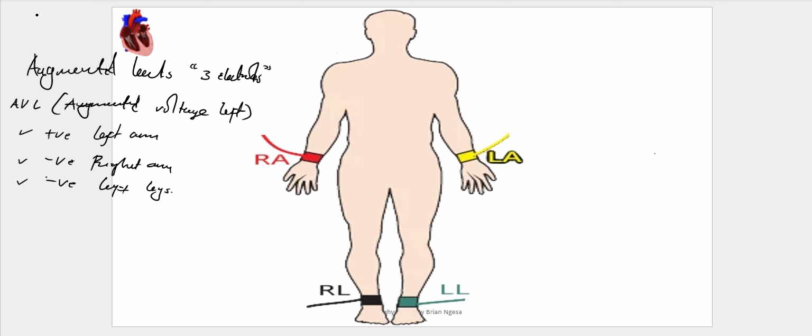So at least by now, we can say how we are coming up with the triangles. The left arm, of course, is here, the right arm, and the left leg. So this is the augmented left. You can join something like this, having the two negatives and one positive.